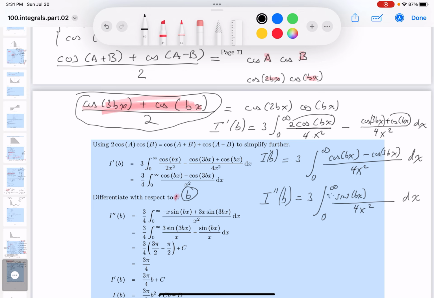Again, we're differentiating with respect to b, minus, whoops, I'm sorry about that. This is minus. This will be plus sine 3bx. Yeah, I'm jamming that in, aren't I? And that's going to be times 3x.